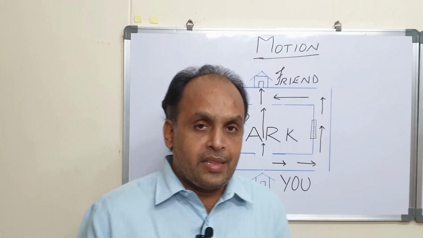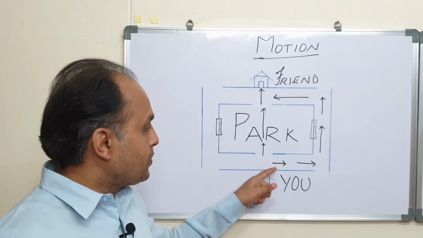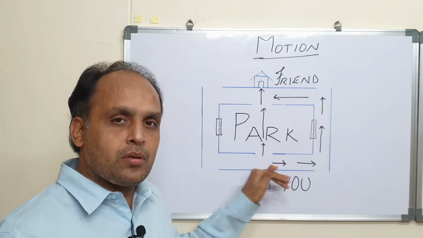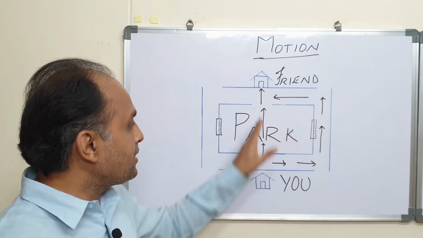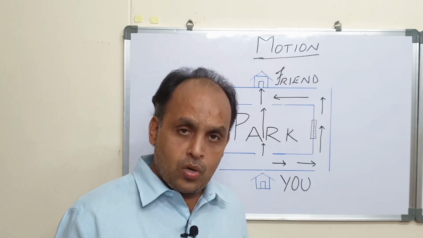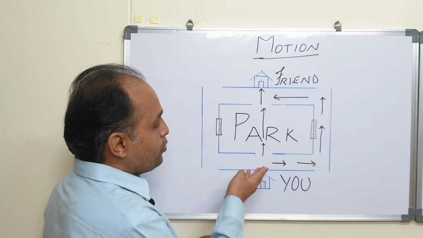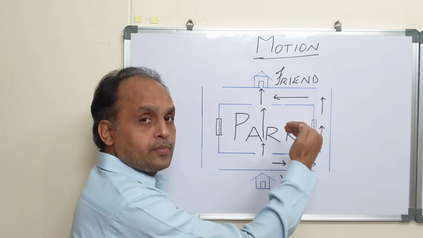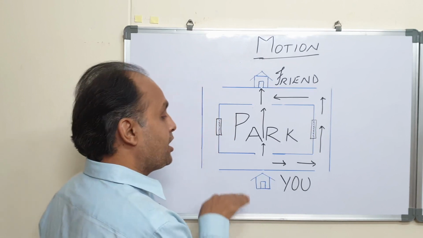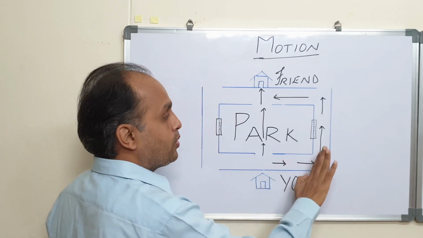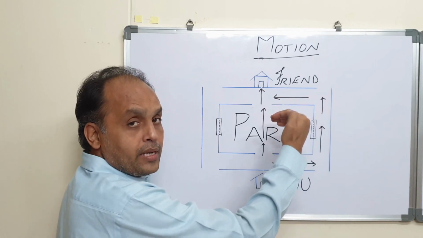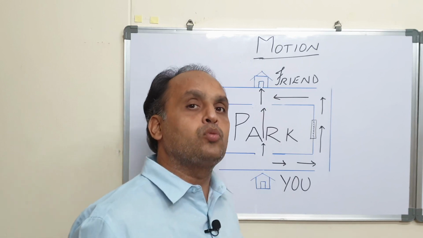Now, in these two cases, if you observe, the path which you took earlier in the day was a little longer compared to the path that you chose later in the day. Moreover, when you were going in this path, you did not follow a particular direction. Initially, you were going in this direction, then this direction, then this direction. So there is no particular direction throughout your journey.